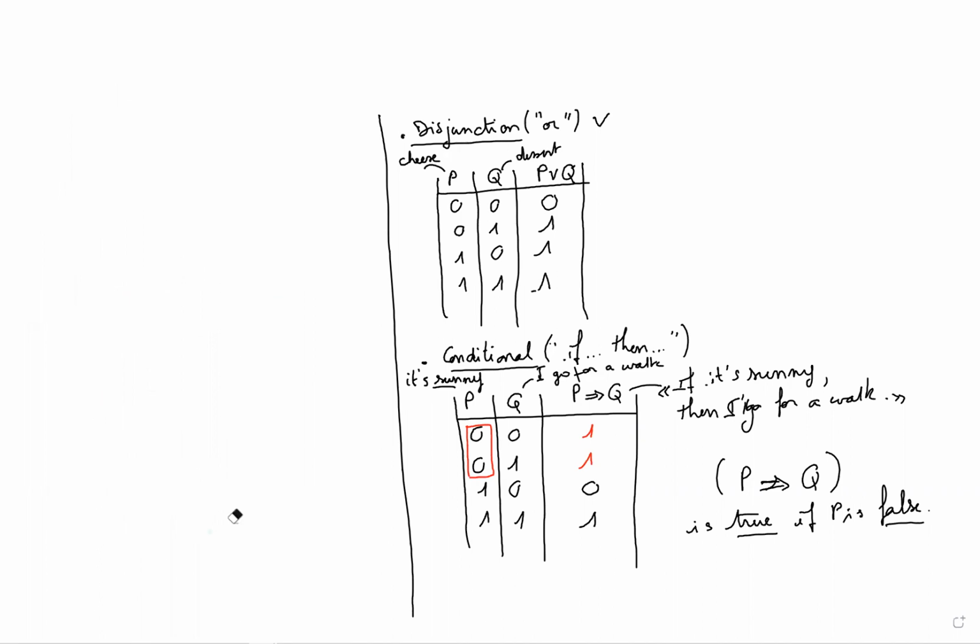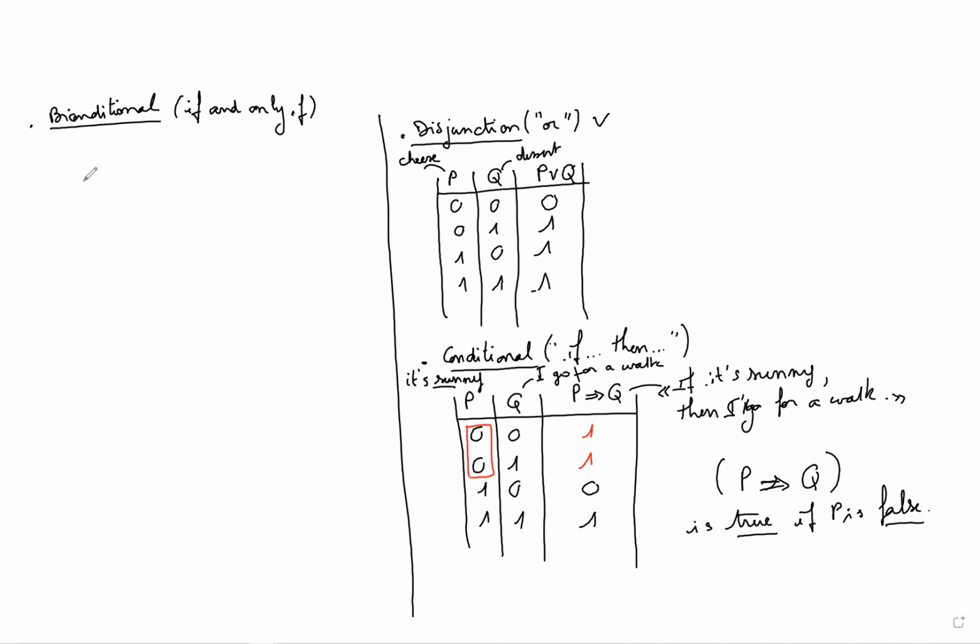A biconditional is when both statements P and Q are true at the same time. So it's an if and only if. It's an equivalence.